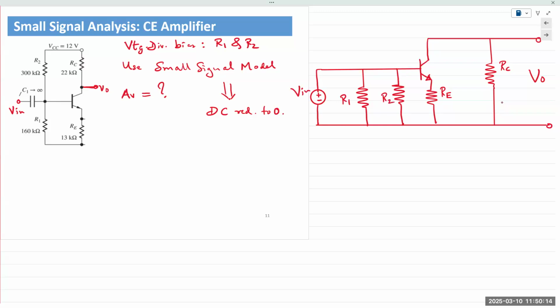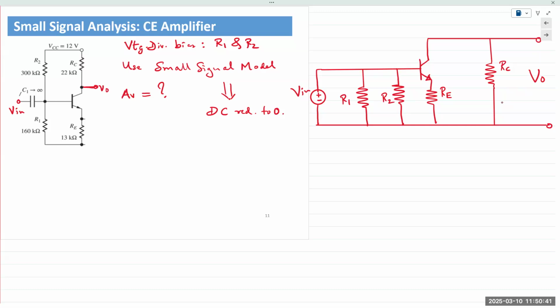Yes. For AC, we reduce the DC sources to 0. For DC analysis, AC is not considered. We reduce to 0, meaning voltage sources are replaced with a short circuit, meaning that node will be directly connected to ground.